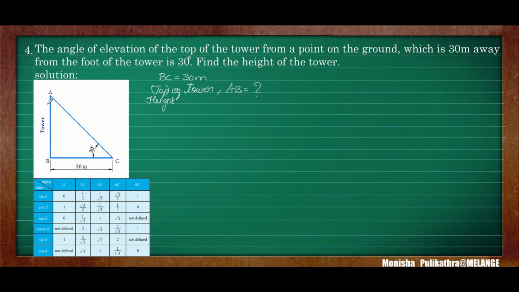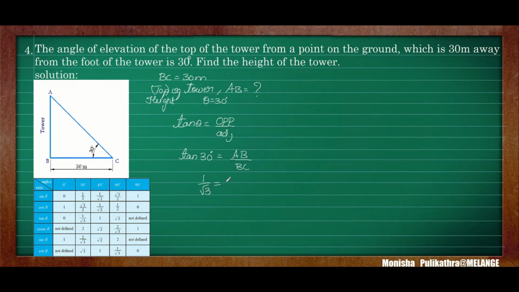Here the opposite side is not given, whereas the adjacent side value is given. So opposite by adjacent is tan theta, right? So tan theta is equal to opposite by adjacent. Here the angle they have mentioned is 30 degree. So tan 30 degree is equal to the opposite side AB over the adjacent side BC. From the chart we know that tan 30 degree is 1 by root 3.